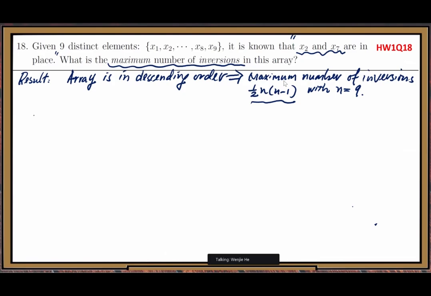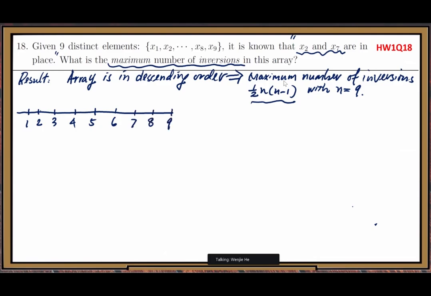Here, let me draw this line segment representing this whole array. In this array, there are 9 positions, right? 1, 2, 3, 4, 5, 6, 7, 8, 9.